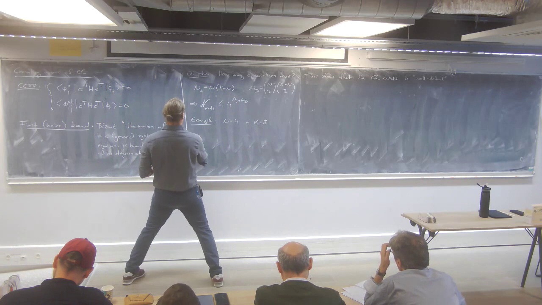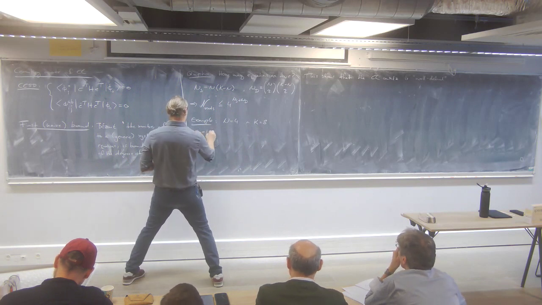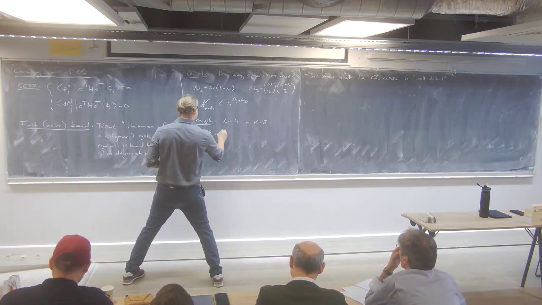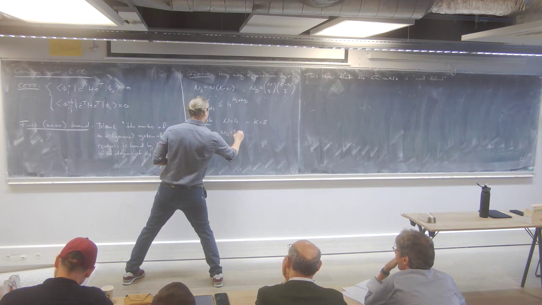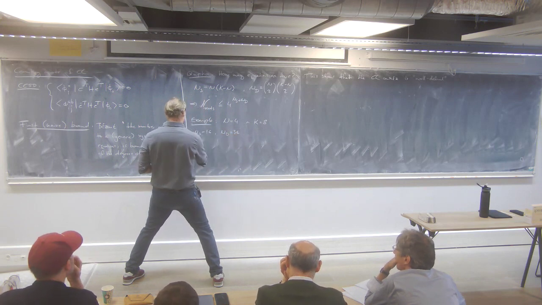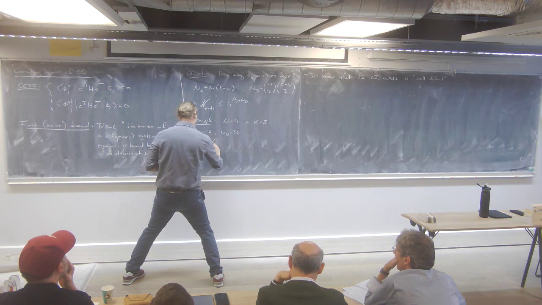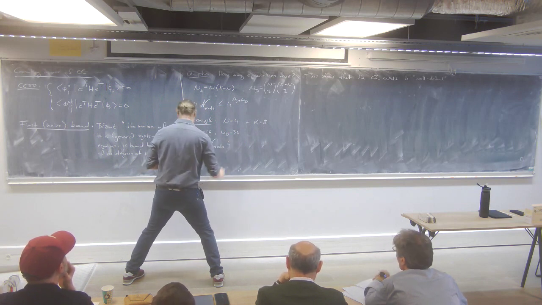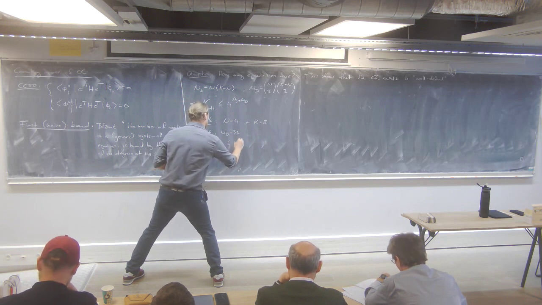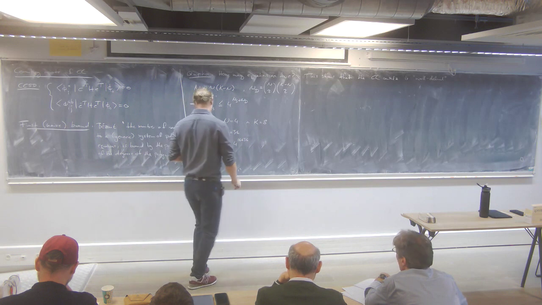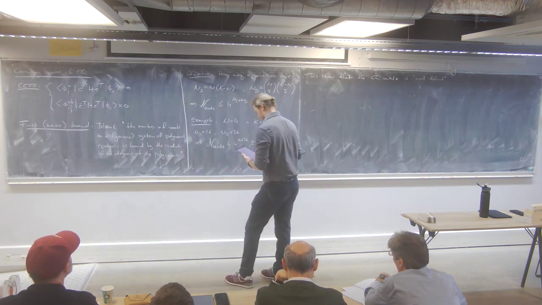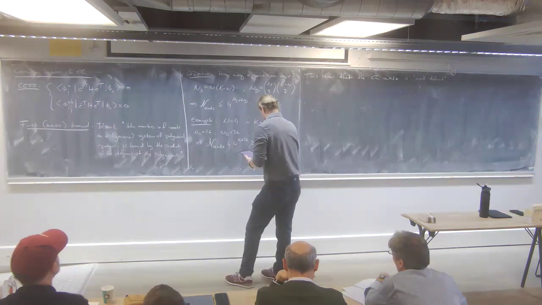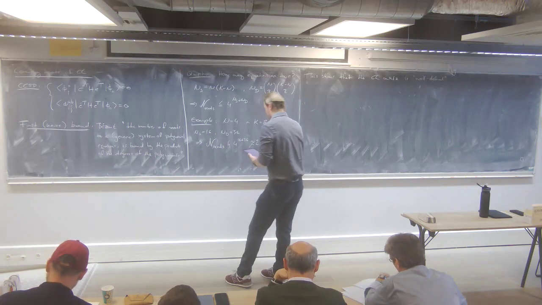In this case, ns is 16, nd is 36. So we find the number of roots is smaller or equal than 4 to the 16 plus 36, which is approximately 2 times 10 to the 31.